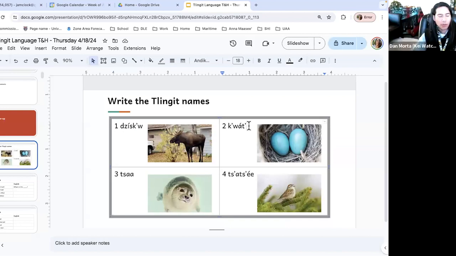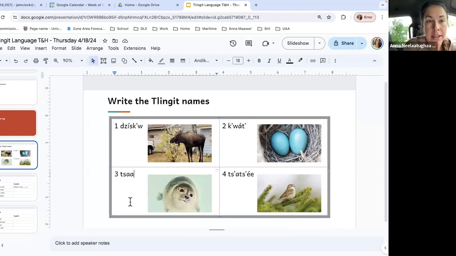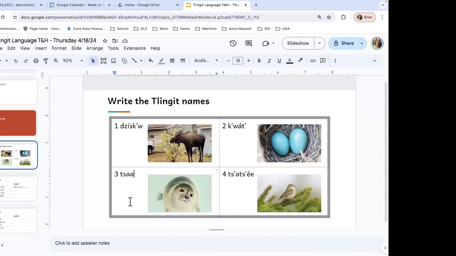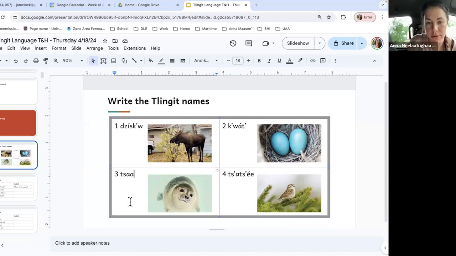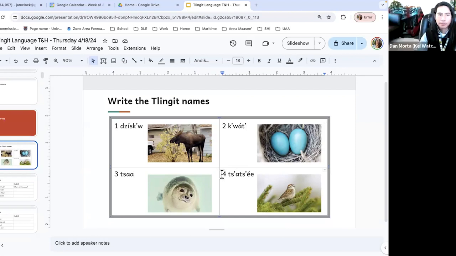And number three, Tlingit Einach. Sa you do a sak. Good. And number four, Tlingit Einach. Tzatzi you do a sak. Yeah, this means in Tlingit, it's called a tzatzi.